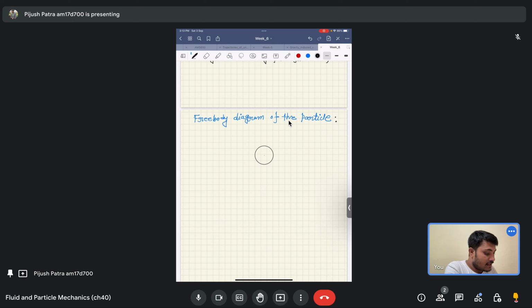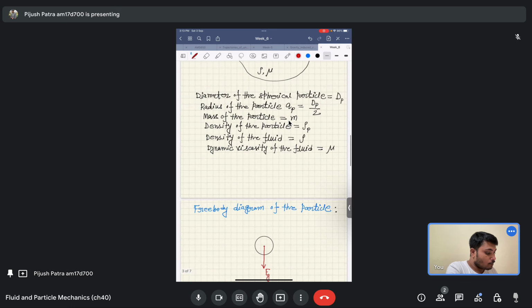It is settling due to gravity, so you will have the gravitational force. Let's call it Fg. Then you have the density difference between the fluid and the particle.